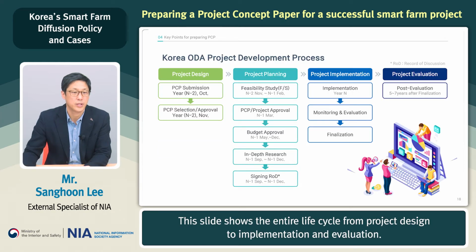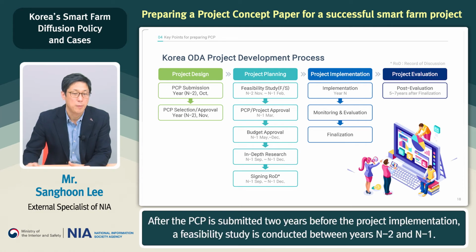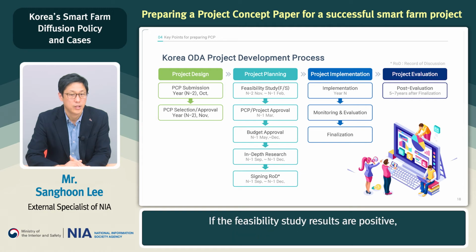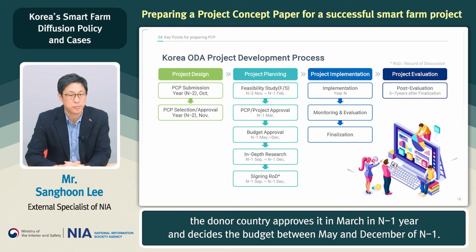This slide shows the entire life cycle from project design to implementation and evaluation. After the PCP is submitted 2 years before the project implementation, a feasibility study is conducted within years N-2 and N-1. If the feasibility study results are positive, the donor country approves it in March of year N-1, and then decides the budget between May and December of year N-1.